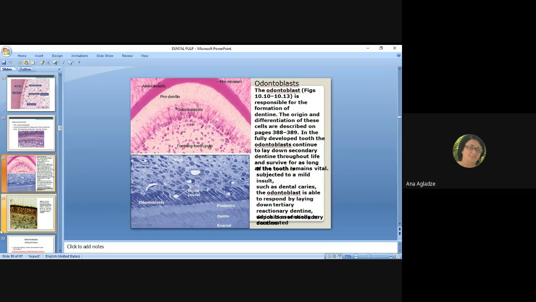The odontoblast layer becomes a flatter layer of cells, and the number of cells declines by apoptosis. It has been estimated that half the odontoblasts in the premolar will die during 4 years following the completion of root formation.